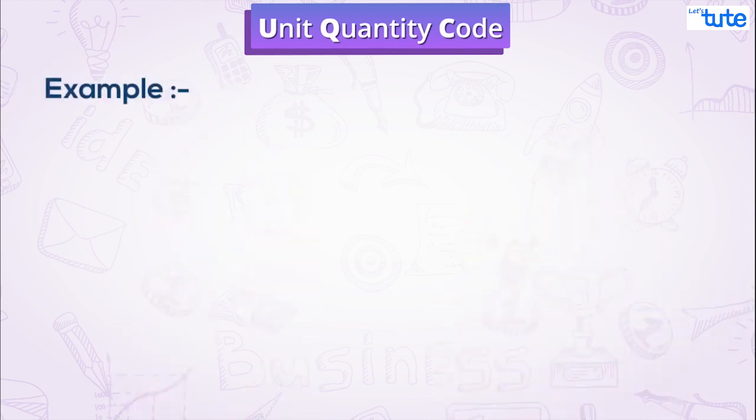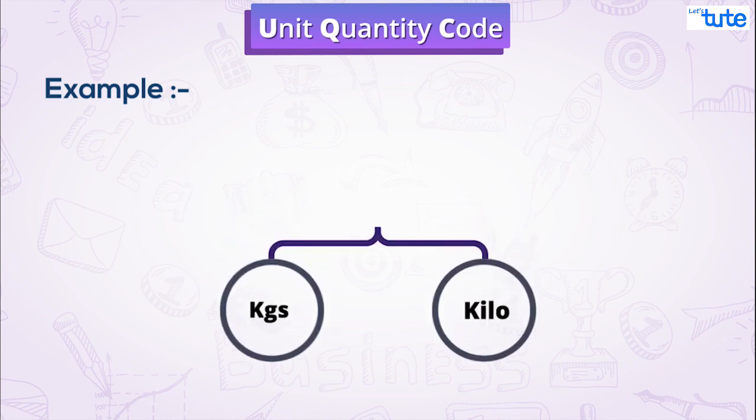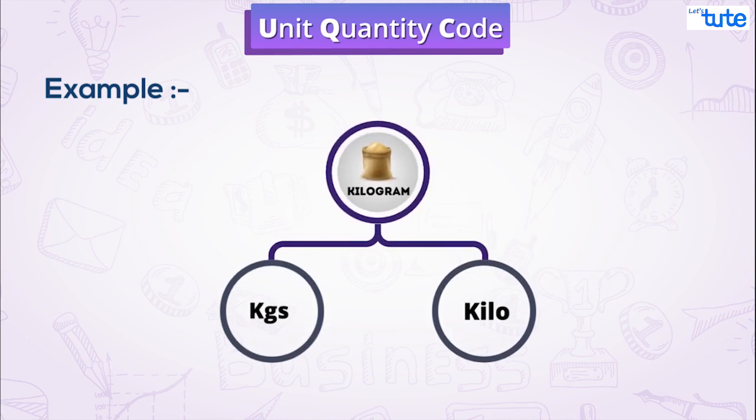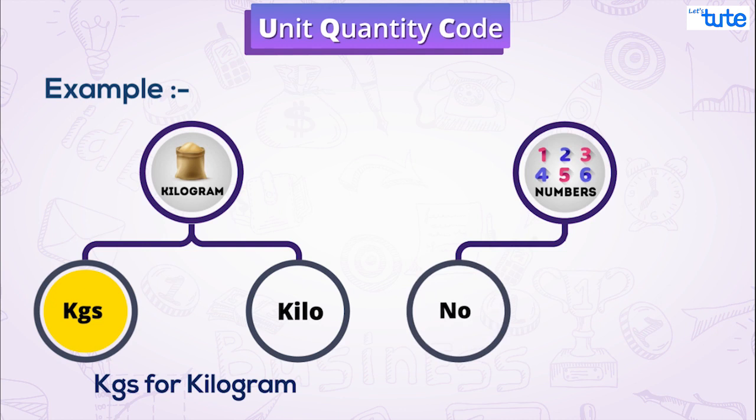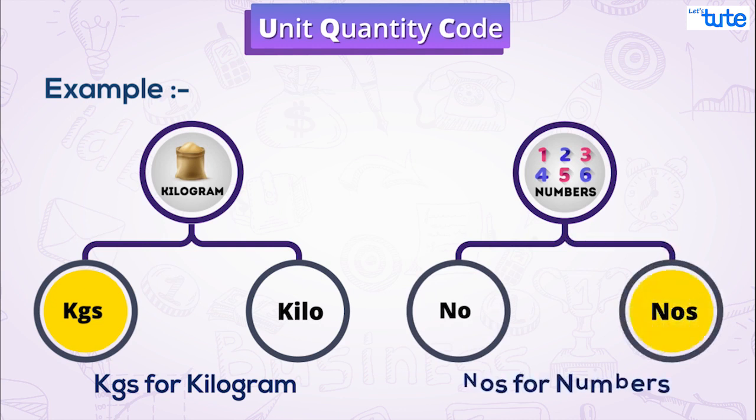For example, one taxpayer may use kgs and another taxpayer may use kilos as a unit to denote kilograms. So, kgs is the common unit to denote kilograms. Also, in case of numbers, some dealers may use NO as unit to denote numbers, but as per UQC, the common unit for number is NOS.